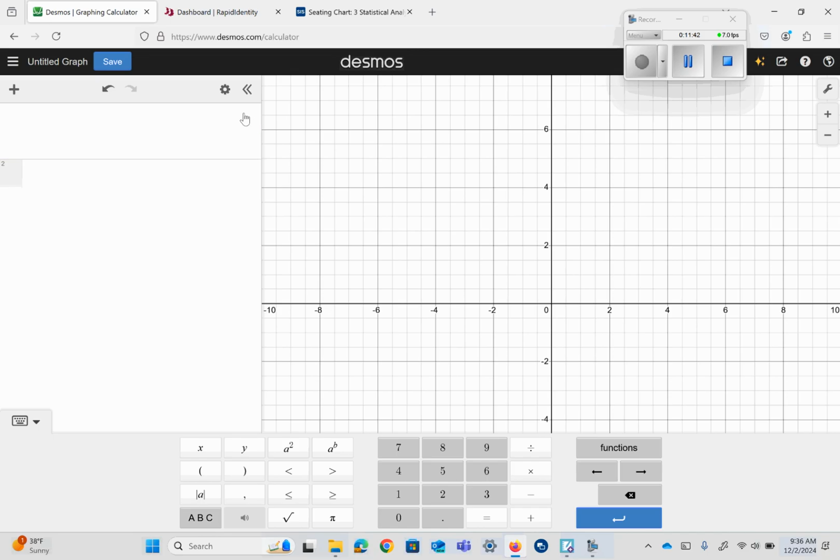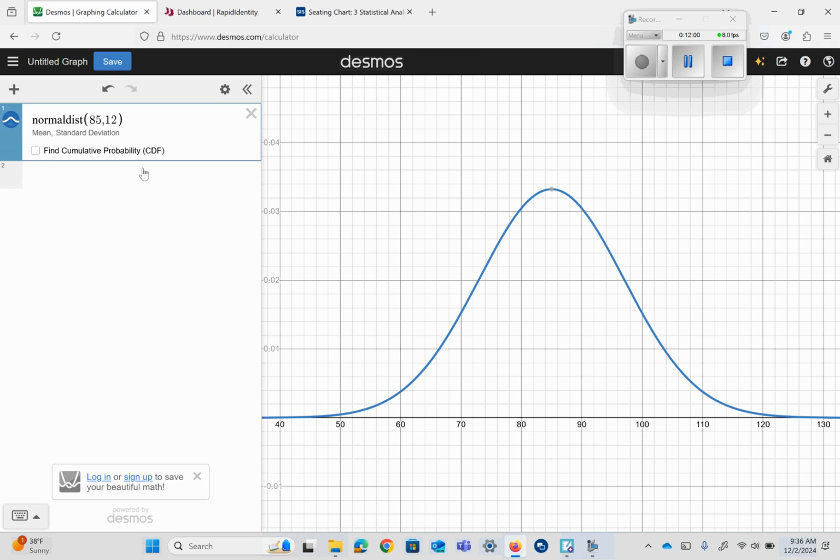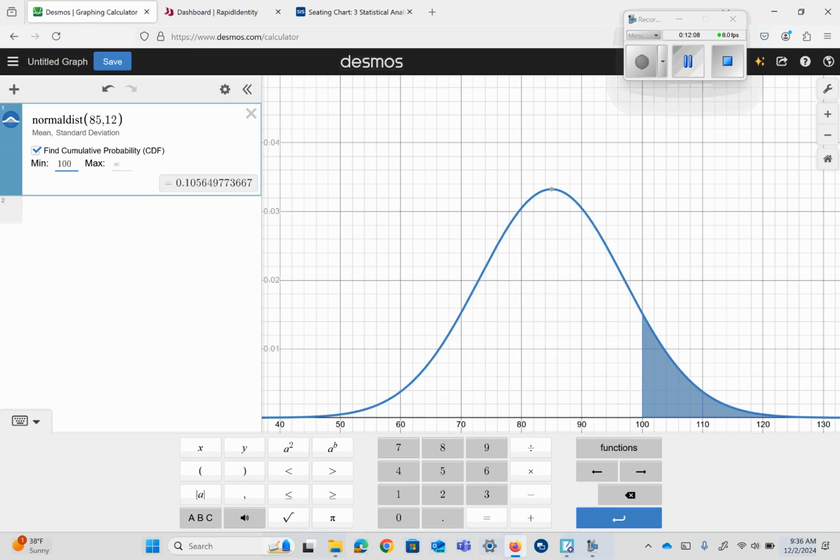Normal distribution, mean 85 grams, standard deviation 12. There's our normal distribution. What percentage of apples are greater than 100? So I'm going to go 100 to infinity. You're talking about roughly 10.6% of the apples. If you're randomly selecting, you have about a 10.6% chance that they weigh more than 100 grams.